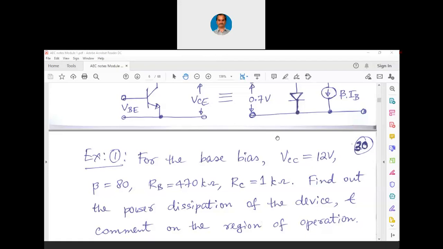Okay, 23.07 milliwatt. Lokesh Biswas has given the answer.